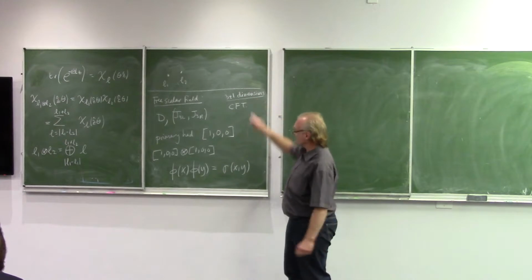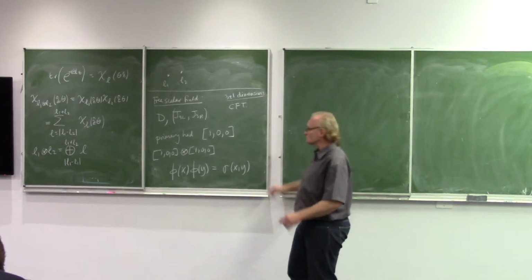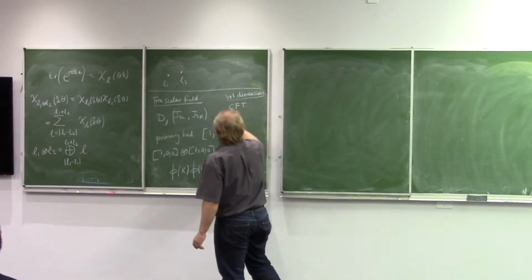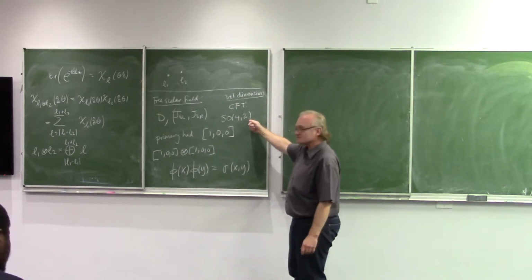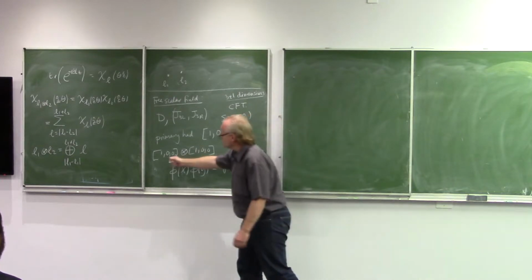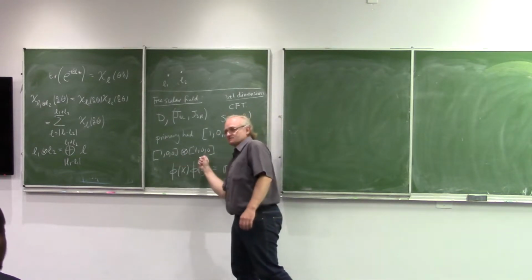When you study how this behaves under the conformal group, which you now know is SO(4,2), all of the representations that you will get are the representations that appear in that tensor product.